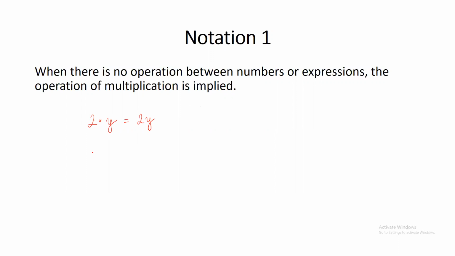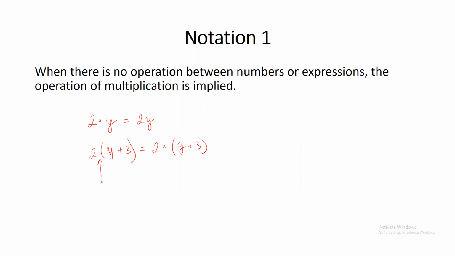Another example would be if I wrote something like this, 2(y + 3). Notice there is no sign between the 2 and the parentheses, and that means that there is an implied multiplication sign. So this is the same thing as saying 2 times the sum of y and 3.